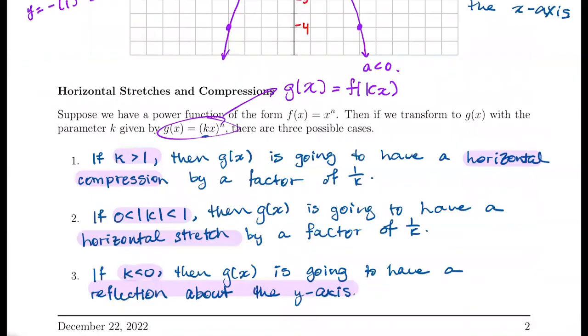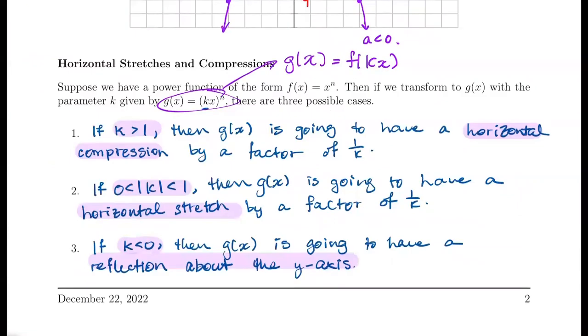Then we looked at horizontal stretches and compressions. When k is greater than 1, we'll have a horizontal compression. When the absolute value of k is between 0 and 1, then we're going to have a horizontal stretch. And when k is less than 0, we're going to have a reflection about the y-axis.